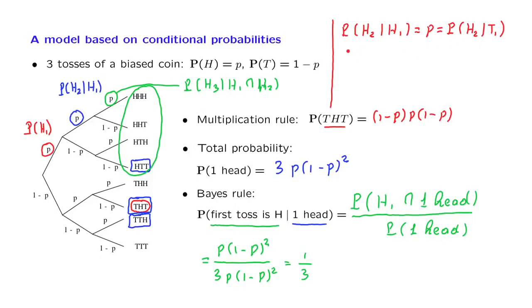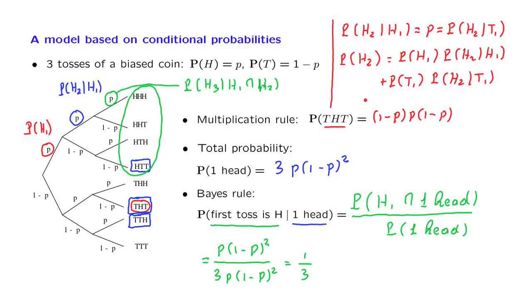in the second toss. And if you were to calculate the unconditional probability of heads in the second toss, what you would get using the total probability theorem would be the following. It's the probability of heads in the first toss times the probability of heads in the second given heads in the first, plus the probability of tails in the first toss times the probability of heads in the second toss given tails in the first. And if you do the algebra, this turns out to be equal to p again.